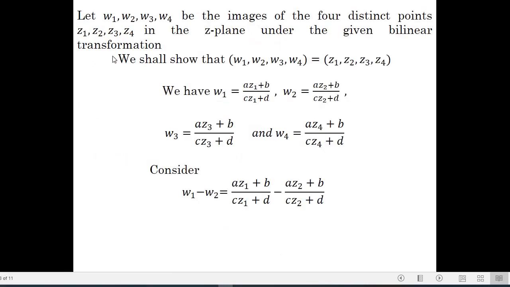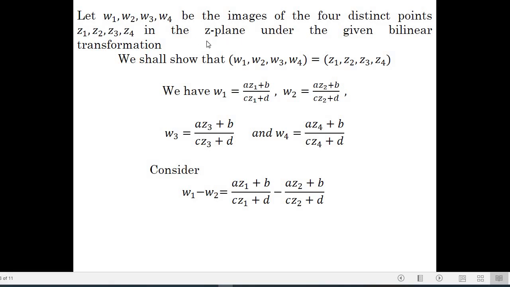Now let us assume that W1, W2, W3, W4 be the images of the 4 distinct points Z1, Z2, Z3, Z4 in the Z plane under the given bilinear transformation, which means the image of Z1 is W1 and image of Z2 is W2, image of Z3 is W3, image of Z4 is W4 under the given bilinear transformation.